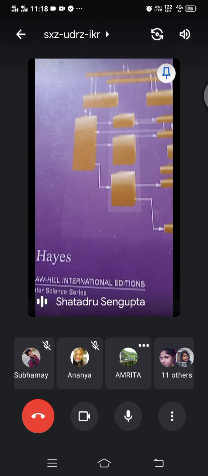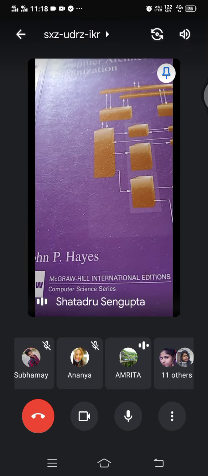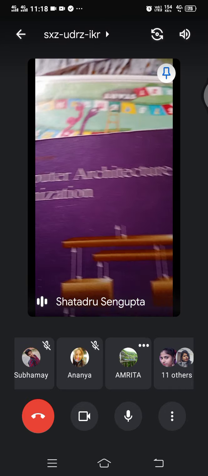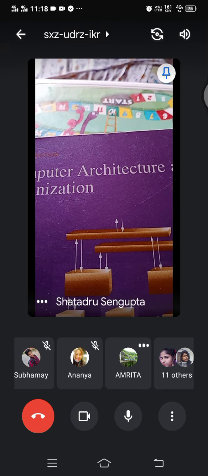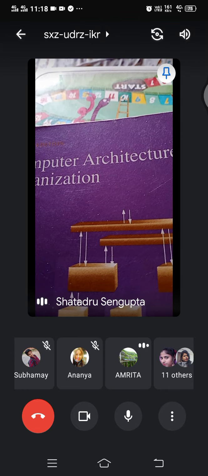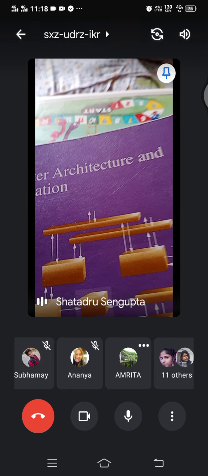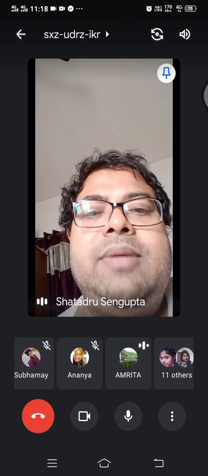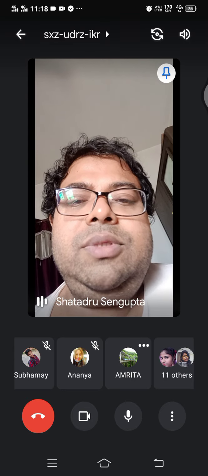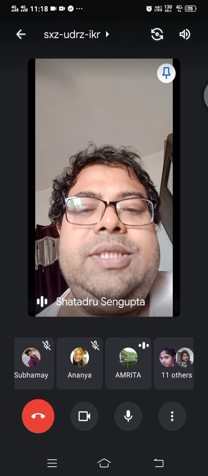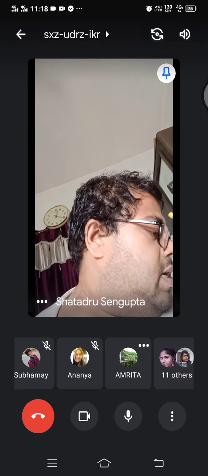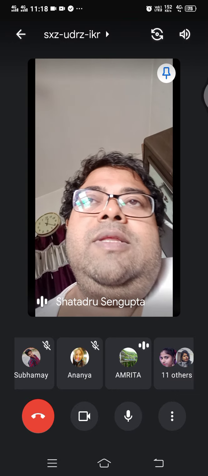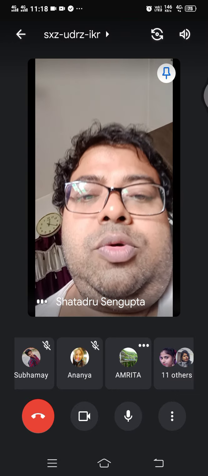This is my primary book, John P. Hayes, Computer Organization and Architecture, and you may just order it on Amazon. And there is another book, Computer Architecture and Organization by William Stallings. This one is from McGraw-Hill, and that one is, I think, from Pearson, most probably.